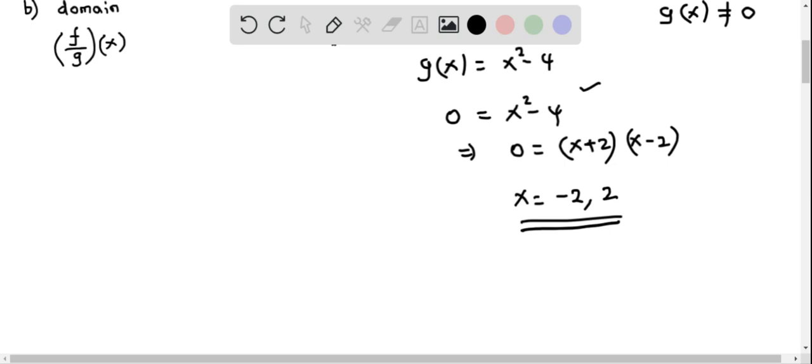So we can say that the domain of the complete function is basically all real numbers except these two values, that is negative 2 and positive 2.